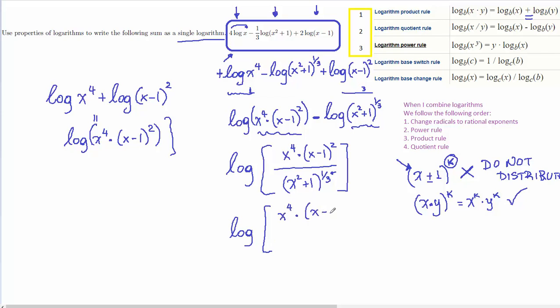So you have x to the fourth times x minus 1 squared, the numerator, divided by the third root, and everything under the root is x squared plus 1, and this will be your final result. You cannot simplify anything here. You do not need to expand this, although you may know how to expand it, and you cannot do any simplifications under the root. So what you see right here will be your final result.